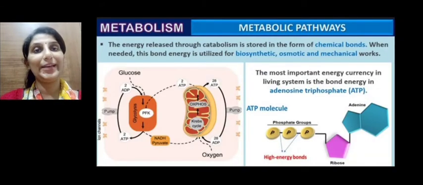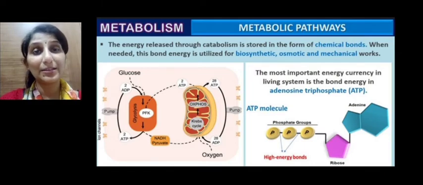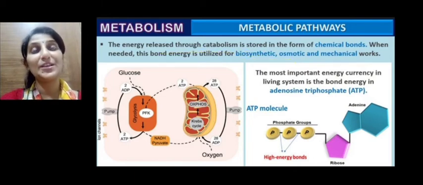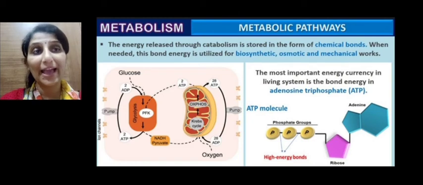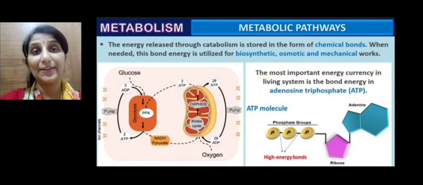As we just said, the destructive or catabolic process, which breaks down complex structures into simpler ones, releases energy. This released energy during catabolism is stored in the form of chemical bonds. Whenever it is needed, these bonds which store the energy are utilized for biosynthetic, osmotic or mechanical work. The most important energy currency in the living system is ATP, adenosine triphosphate.